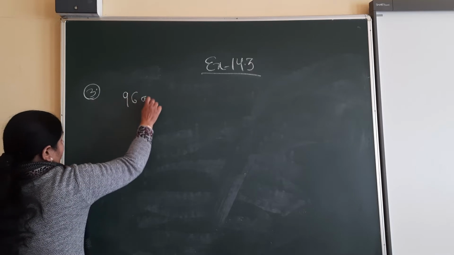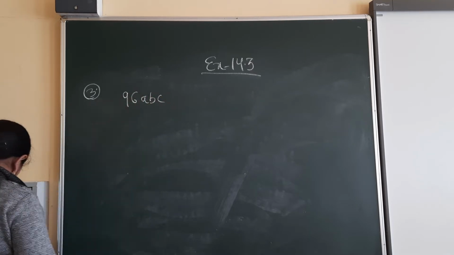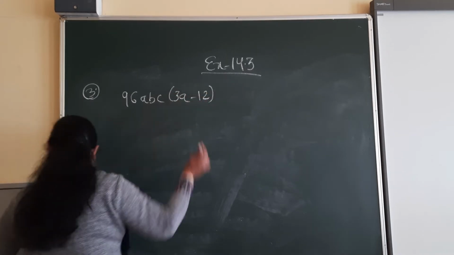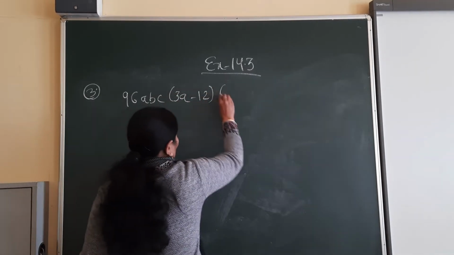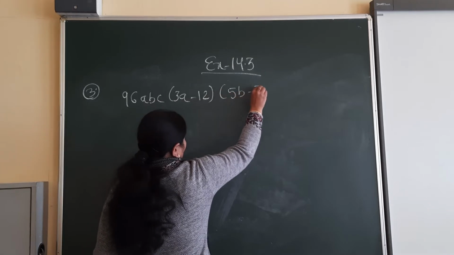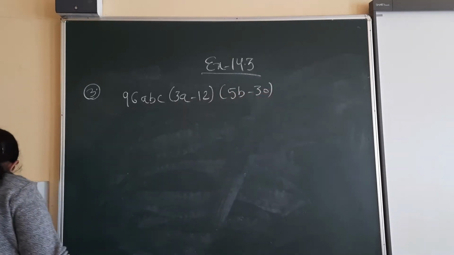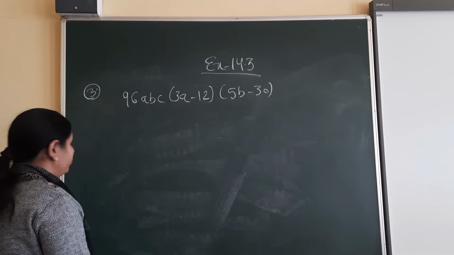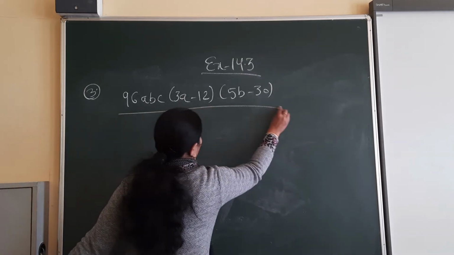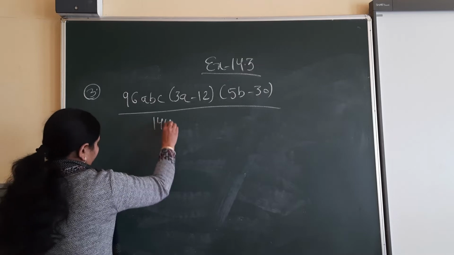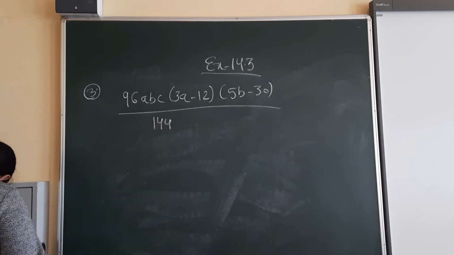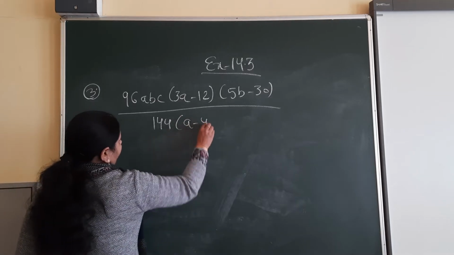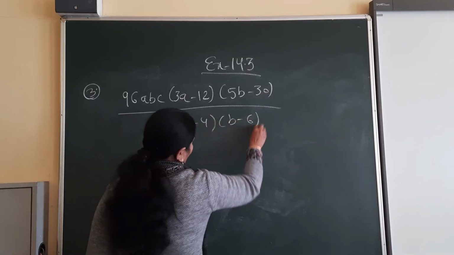So 96abc, in the first bracket 3a minus 12, in the second bracket 5b minus 30, and this term is divided by 144. So I am writing here 144, and then next is a minus 4 in one bracket and b minus 6 in the other bracket.